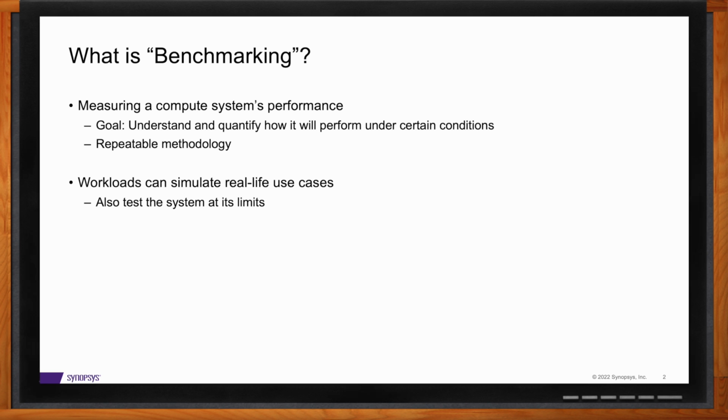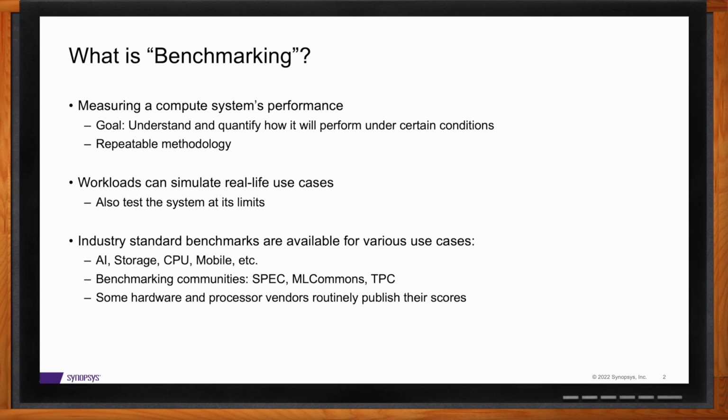But in some cases also, you're testing the system at its limits. What would happen, for instance, if you were to throw a lot of data at an AI system? How would it handle it? So that's what you would do in that case. And speaking of those industry standard benchmarks, there's many of them available for various use cases. So I mentioned AI. There's, of course, specific benchmarks for storage, measuring the CPU performance, of course.